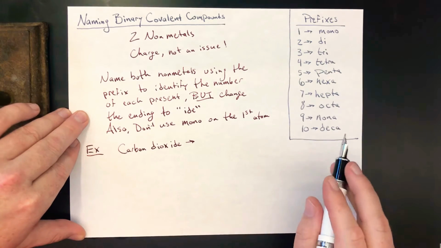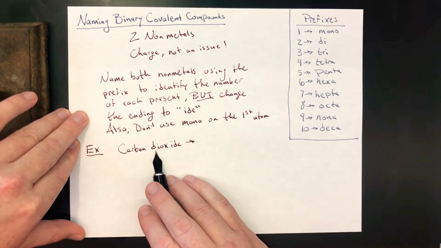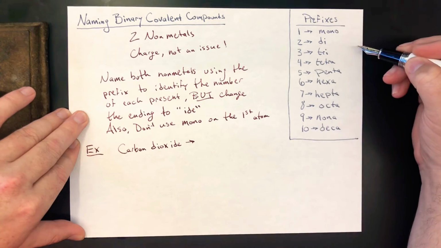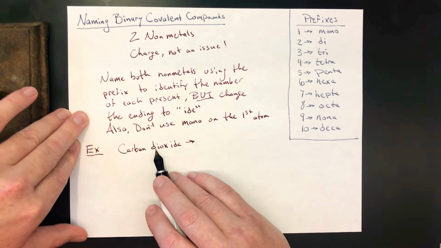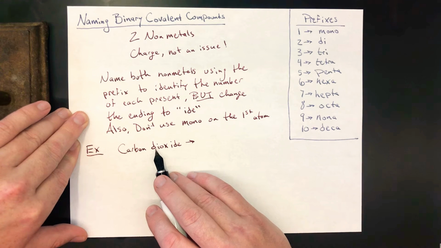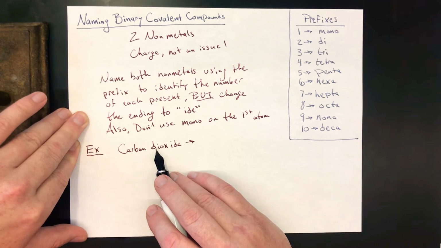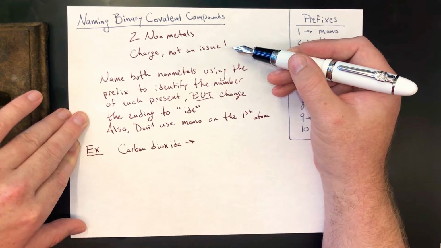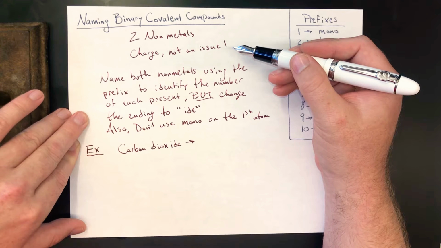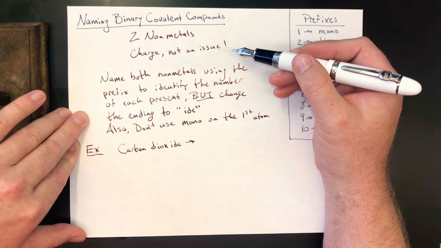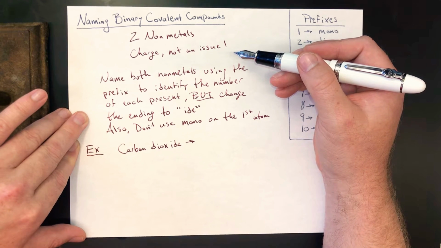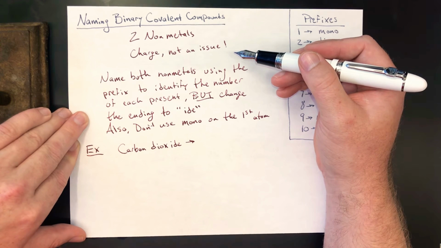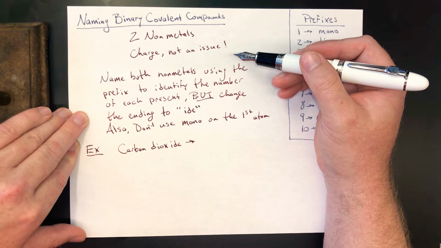The other big giveaway: anytime you see one of these prefixes as part of a name, you know that it's going to be a covalent compound. Why that's important is we're not going to pay attention to charge. We're not going to start counting what group they're in and trying to get things to balance out. That's one of the biggest mistakes students seem to make, is trying to use ionic rules for covalent compounds and vice versa.